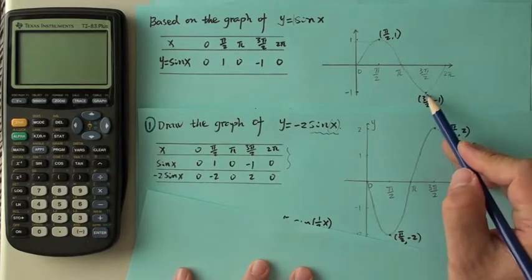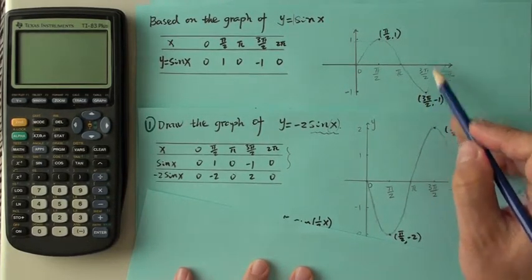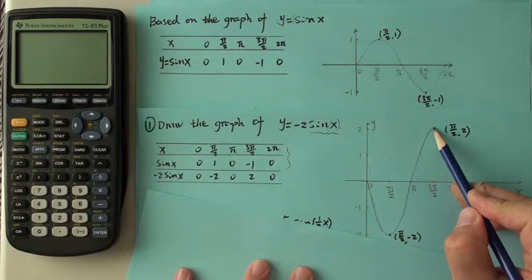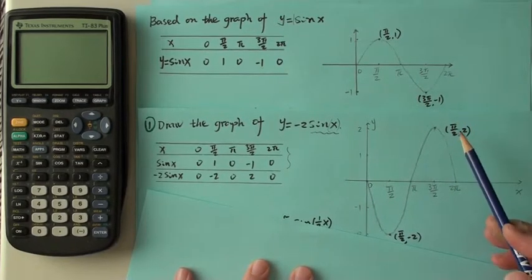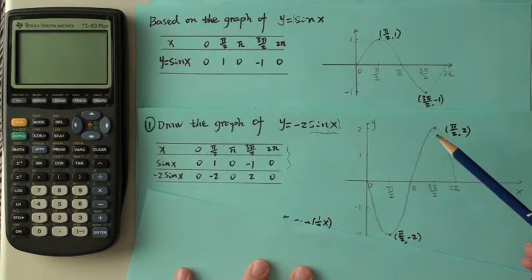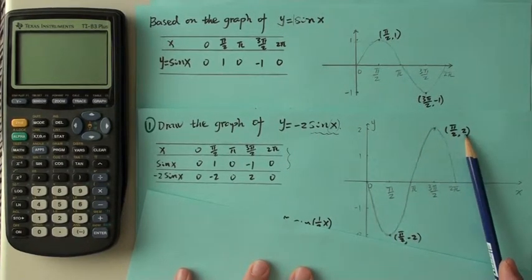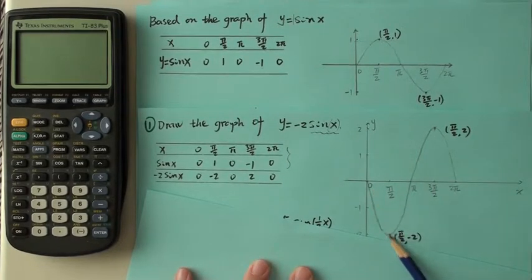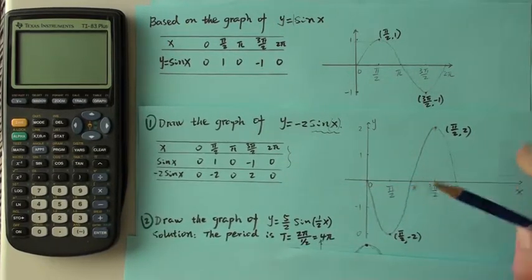It was down here, -1. Now you times -2, it goes up right here, and it stretches from 1 to 2. Okay, so basically this -2 tells us to flip the picture, and the 2 stretches it up more. Yeah, so this is the picture. All right. Now, the second example is the one I shaded here.